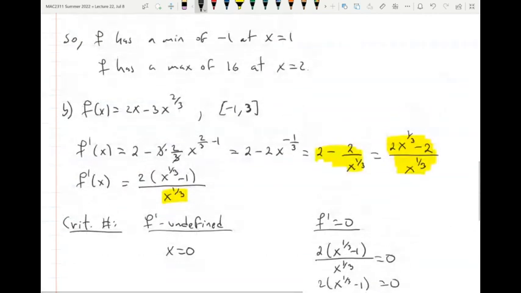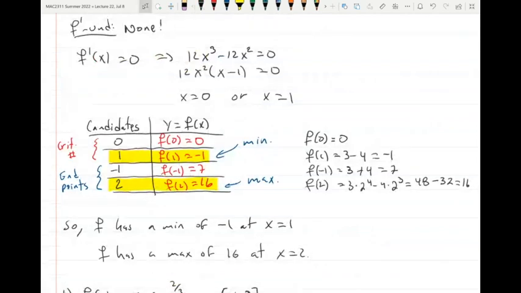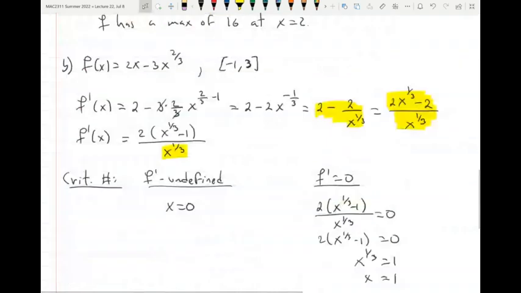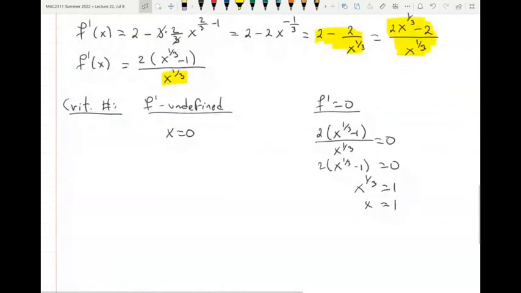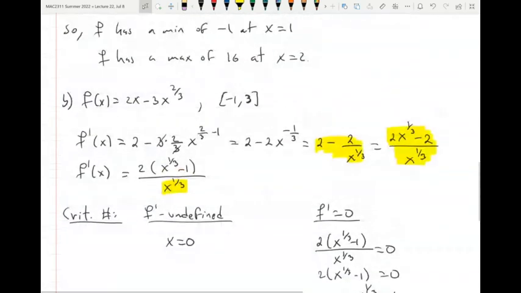By the way, notice that in the previous example, the minimum was found in the critical numbers and the maximum was found on the endpoints. So if you don't find critical numbers, you would have missed the minimum. If you don't consider the endpoints, you would have missed the maximum. So we have our candidates for this one.